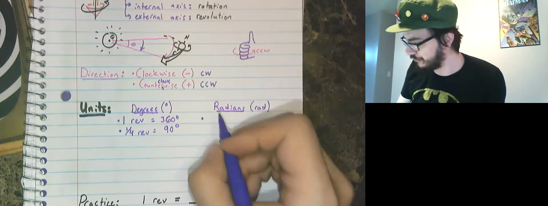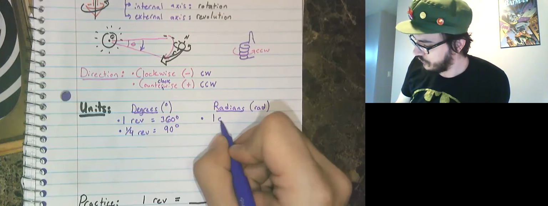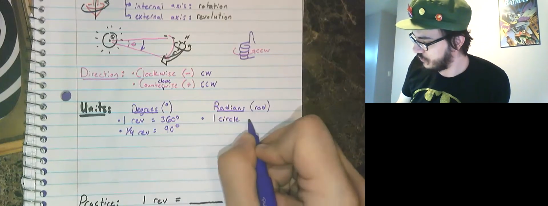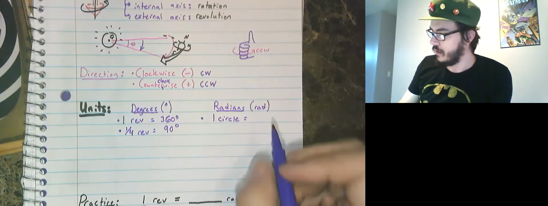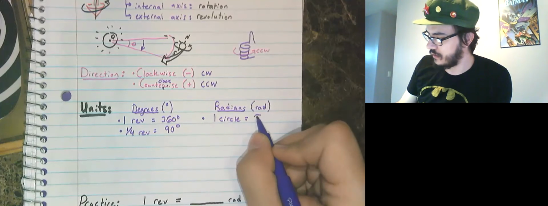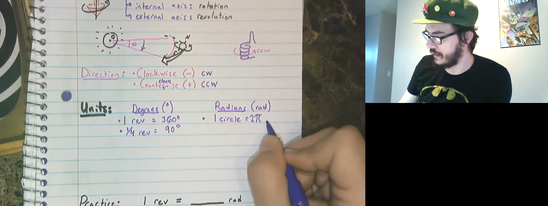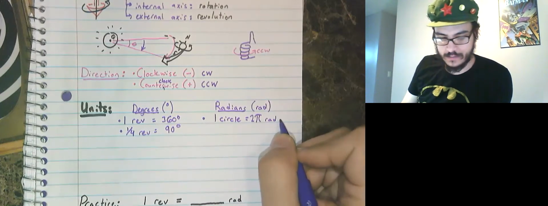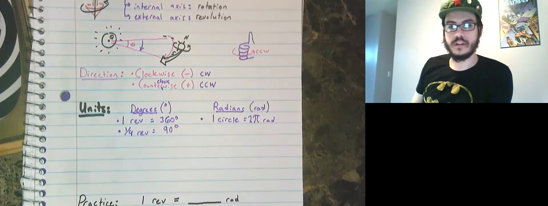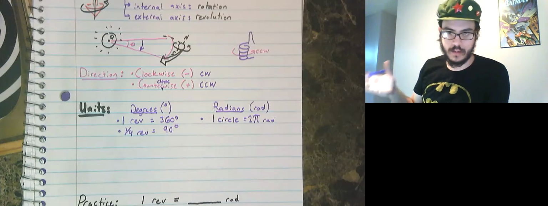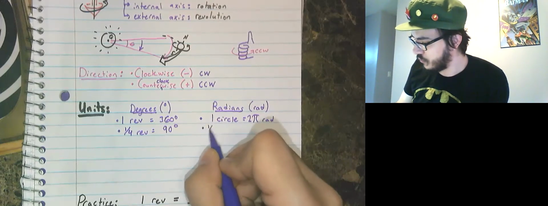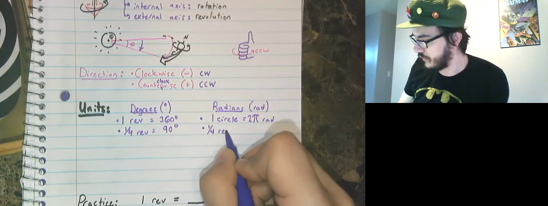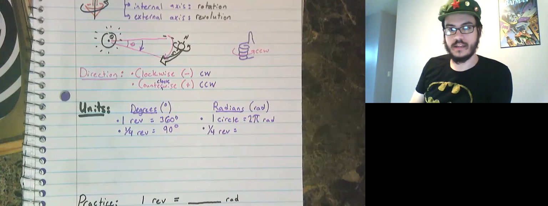But anyhow, one circle in radians, well, how many radii does it take to make a complete circle? Of course, it takes 2 pi radii to make one complete circle, 2 pi r being the circumference of the circle. What then would 1/4 of a revolution be in radians?